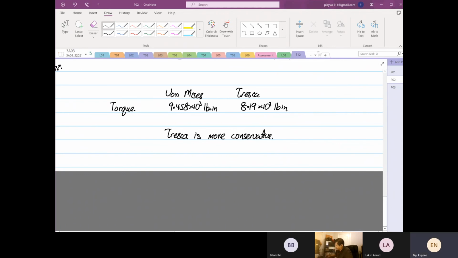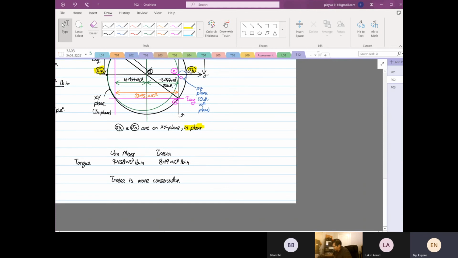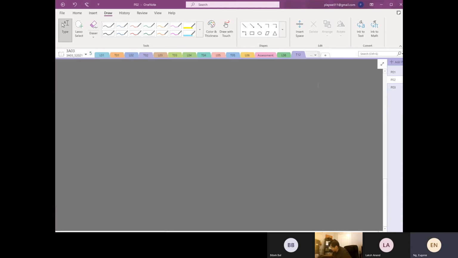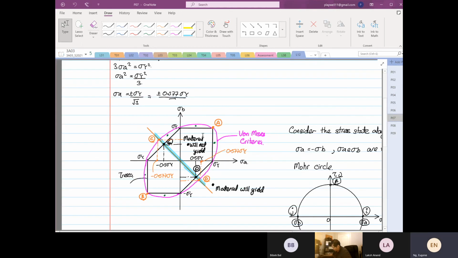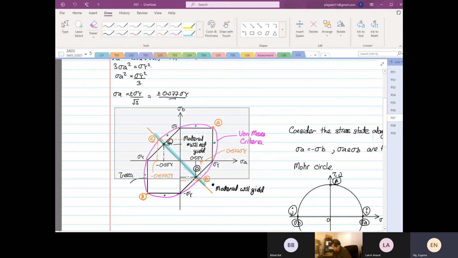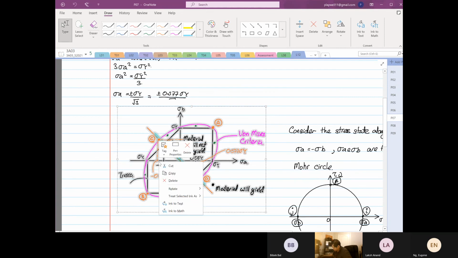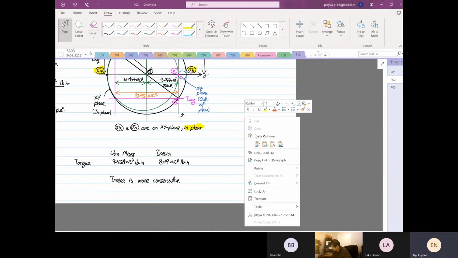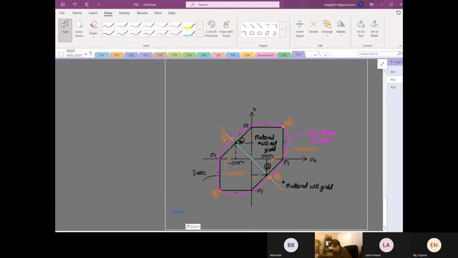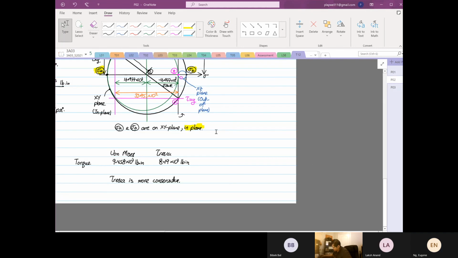And I did explain to you why. I will not be too long. So if we look at our lecture, we drew this graph. Let me get back to there. We drew this graph.